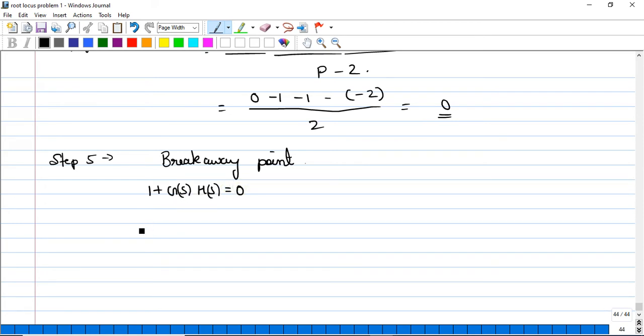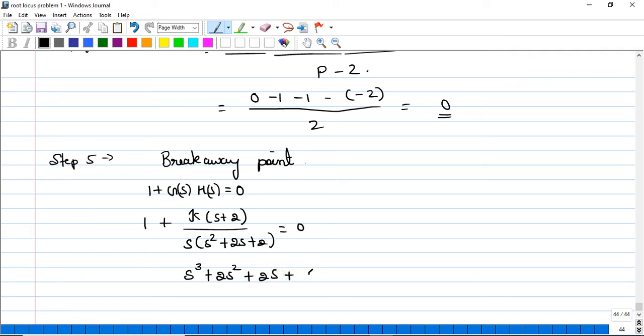I need to substitute G(s)H(s) as given in the problem, that is K times (s plus 2) divided by s times (s squared plus 2s plus 2), equal to 0. After cross multiplying, I will get s cubed plus 2s squared plus 2s, followed by K, I will take common, (s plus 2), that is equal to 0.